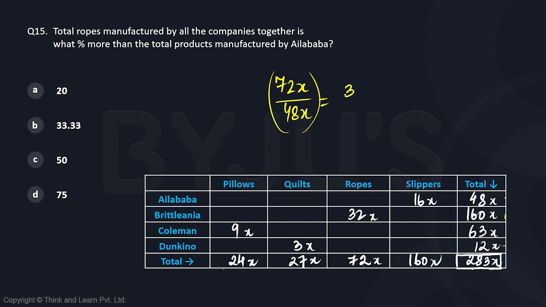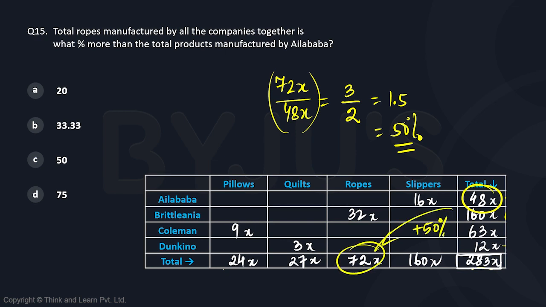So this is 24 into 3 and 24 into 2. 3 by 2 means 1.5, and that would mean 50% more. So we can say that total products by Ayla Baba, with respect to that, the total ropes is 50% more. So 72 is 50% more than 48. So the answer is going to be option C, 50.